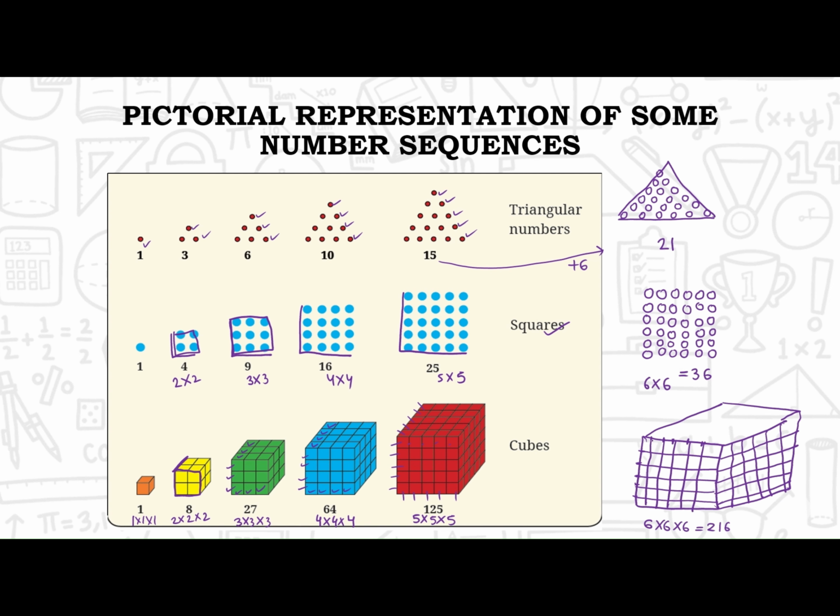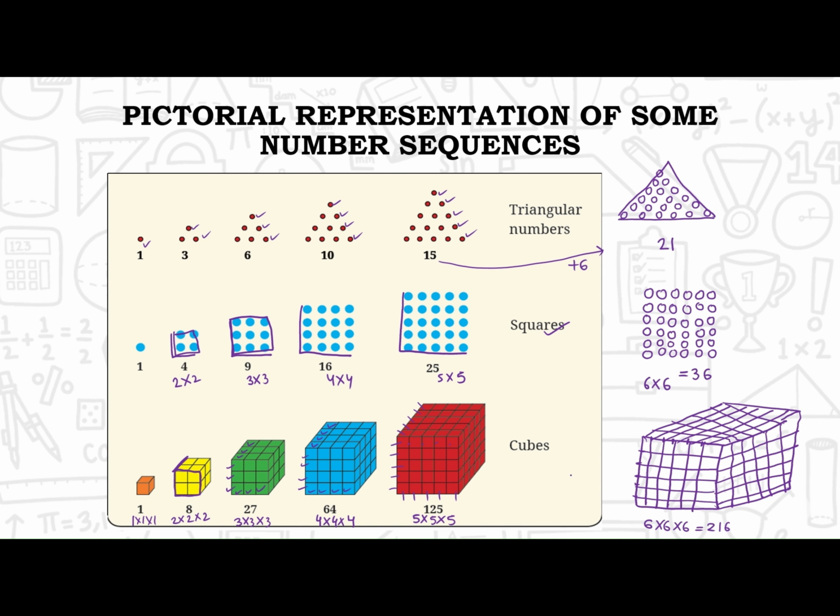Here also you will draw 5 lines. First I will extend these lines. 1, 2, 3, 4, and 5. And now you will extend these lines also. It's 1, 2, 3, 4, 5.